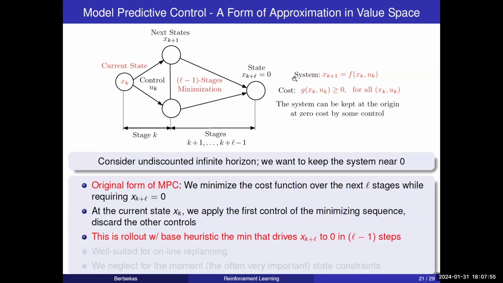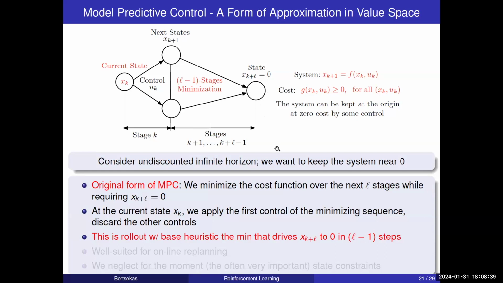Instead of optimally planning my trajectory through the infinite horizon, I just plan my trajectory to get me to 0 and to stay there. That's a suboptimal control sequence, but that's what I use as rollout. So one-step lookahead and rollout after that. With another view, you may consider this requirement that the state be 0 after L steps as a form of cost function approximation at the end. So you can view this as an L-step lookahead with cost function approximation that is 0 at 0 and infinity outside 0.